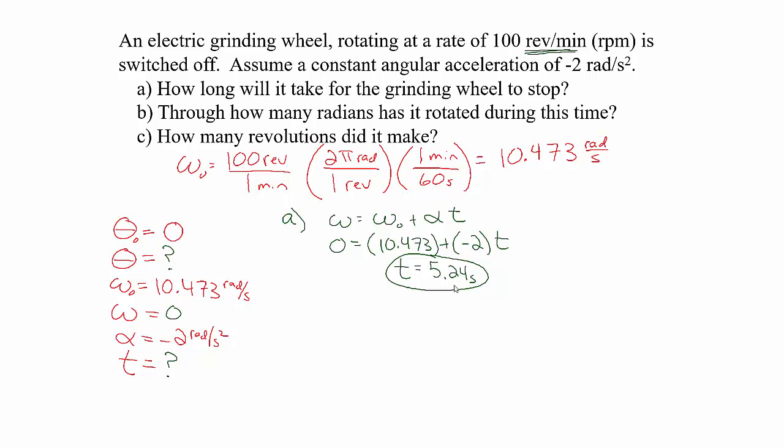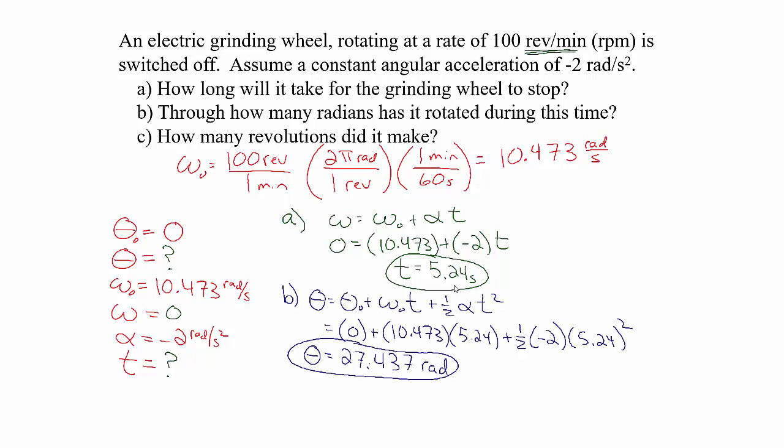How many radians has it turned through? So we're looking for the final angular position after 5.24 seconds, or when it has reached a final angular velocity of 0. So if we use the time, we can relate the angular position and the time.